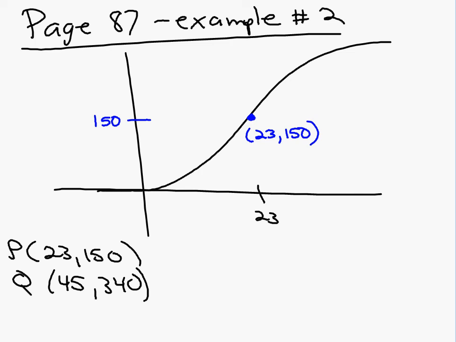So I come over to 45, and we're told that that point way up here is up at 340. So this is the point 45, 340. All we need to do is find the average rate of change over this interval.